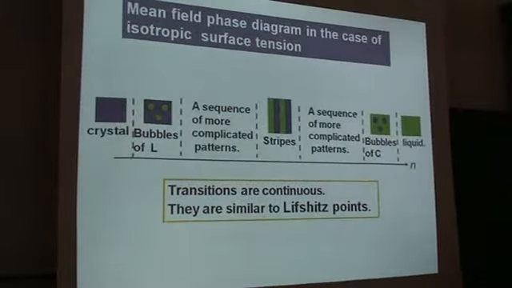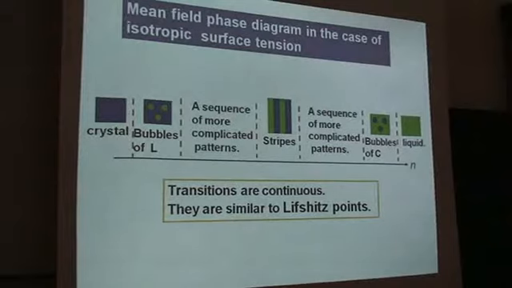One is you can form bubbles, at the point where minority phase has zero or small fraction. You can form bubbles and put them far away with this particular radius, or you can form stripes, or just rivers, say a river of liquid floating in the crystal, and then the distance between them goes to infinity as you approach this critical point. So the difference between these two states is just numeric.